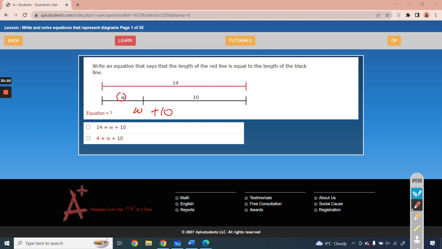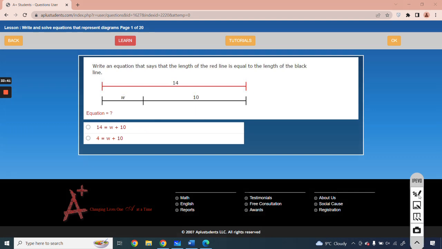Then it is w plus 10. Got it? And that equals the length of the red line. So it would be w plus 10 equals 14. Or you can write 14 equals w plus 10. They are exactly the same. Got it? So it would be option number 1, 14 equals w plus 10. Just select the correct option, then click on the OK button.